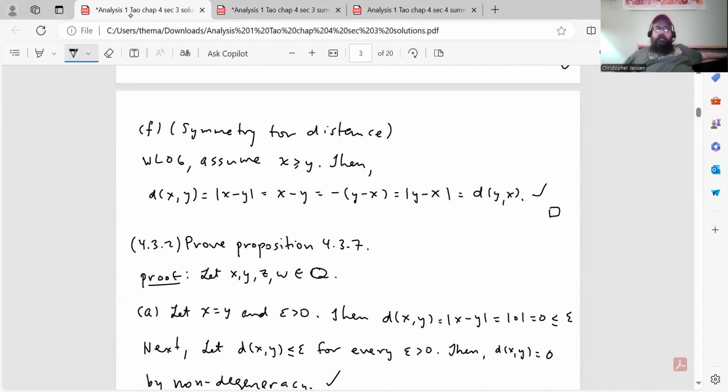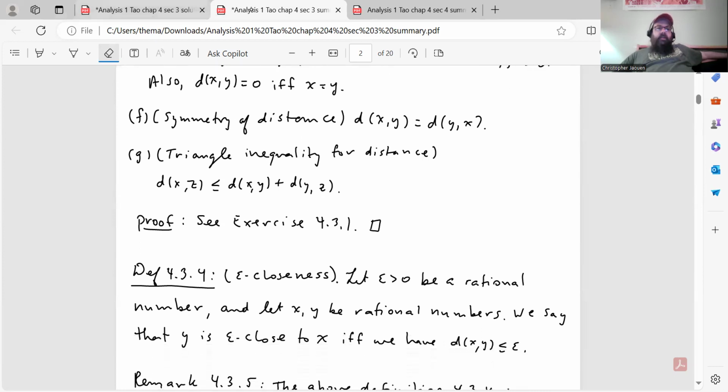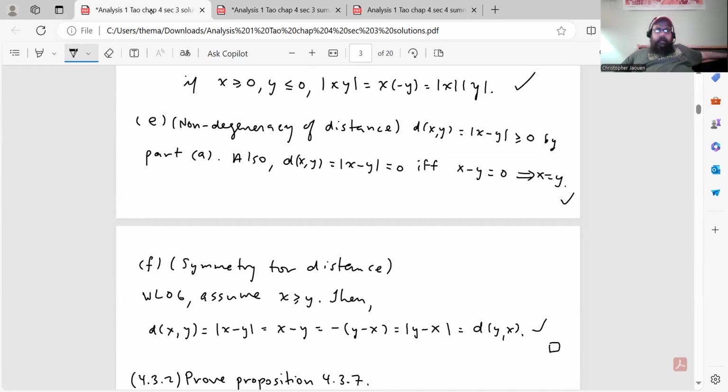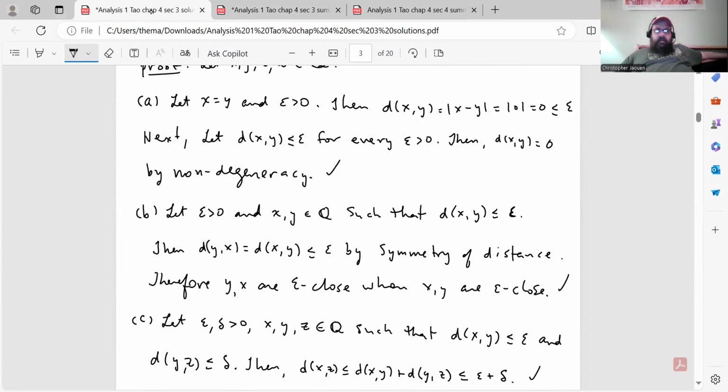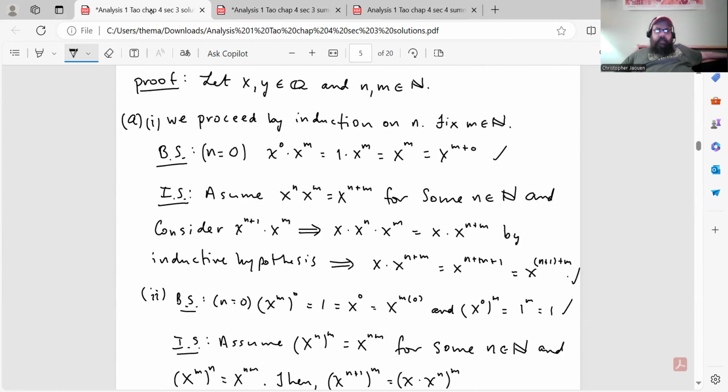All right, so let's see, I guess I forgot to do the triangle inequality for distance. Let's see if we can actually work that out. I didn't leave myself space to do it. Maybe I can fit it in down here.